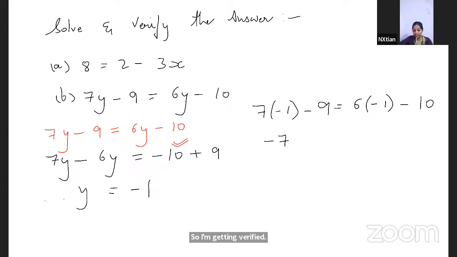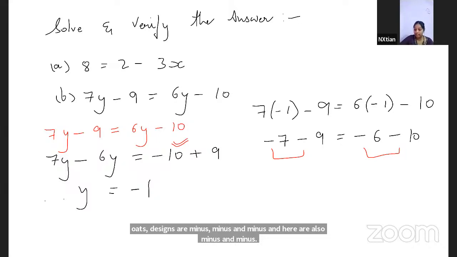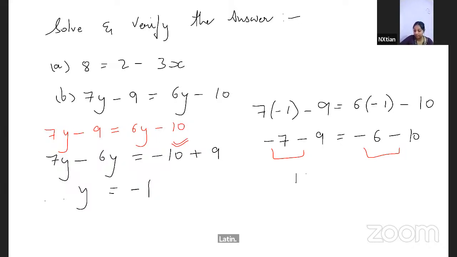Okay. 7 into 1 is 7 and minus is there, so minus 7 minus 9. And here also 6 into minus 1 is minus 6 and then minus 10. Now both the signs are minus, so we'll add them. 9 plus 7 is 16. Here also we write 16.